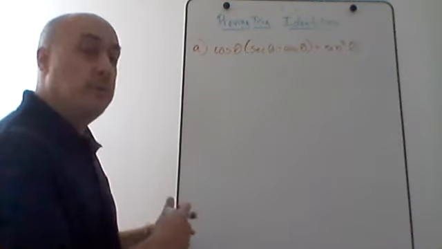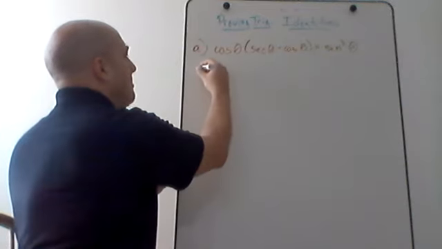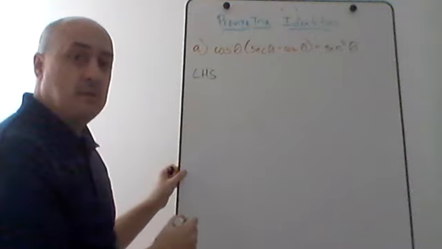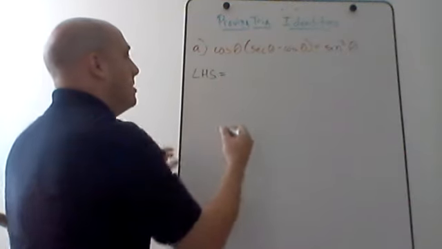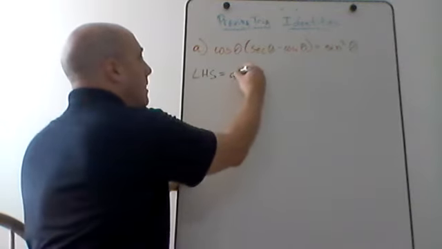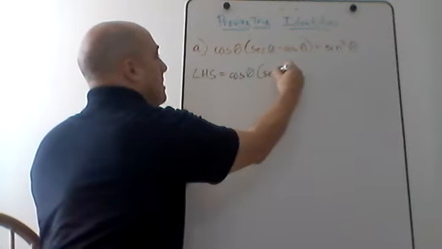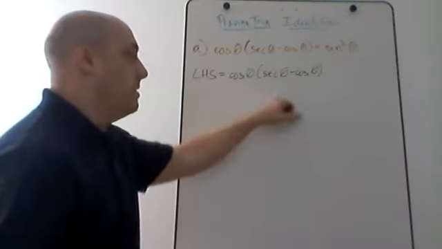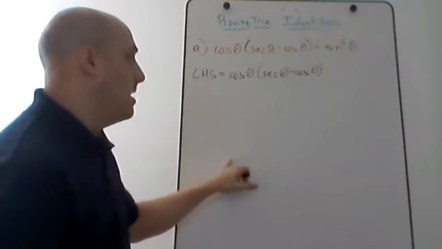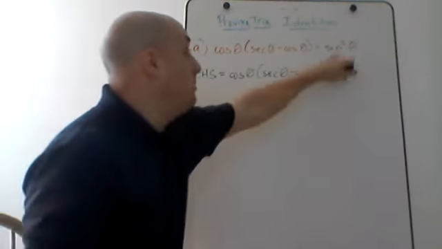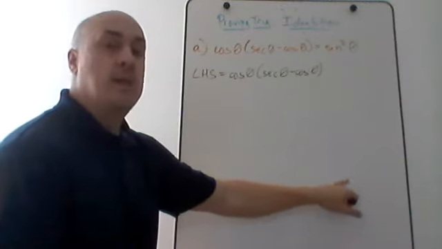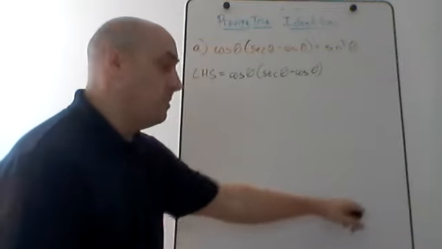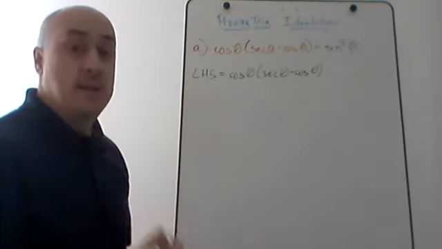Right, so to me the left side definitely seems more complicated. So I'm going to start with that more complicated left side. So the way we write this usually is LHS. Right, that stands for left-hand side. Right, so I'm starting with the left-hand side of the equation equals cosine theta times secant theta minus cosine theta, and then I'm going to work with this and simplify it and combine things together, and at the end show that it equals sine squared theta, which then equals RHS, the right-hand side, and then I prove that the left-hand side equals the right-hand side, so I prove that this identity is true.